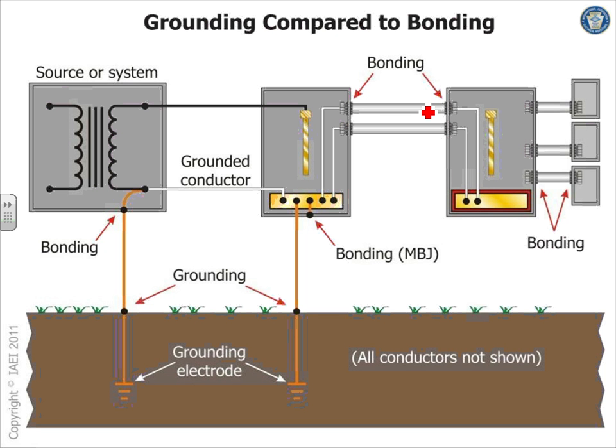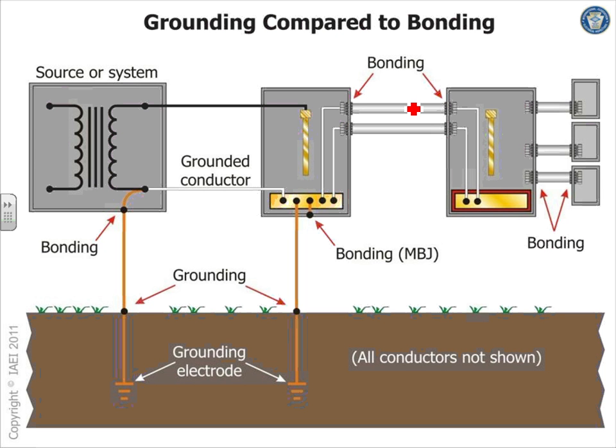A bonding conductor can act as a grounding conductor, and a grounding conductor or conduit can act as a bonding conductor. So it goes both ways. They do the same function.